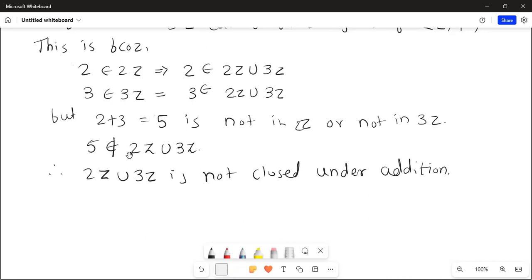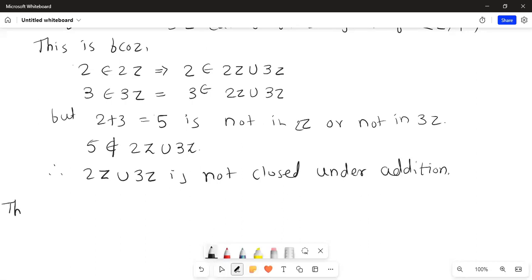बहुत इजी है. नेक्स्ट थ्योरम देखते हैं, थ्योरम नंबर 4.